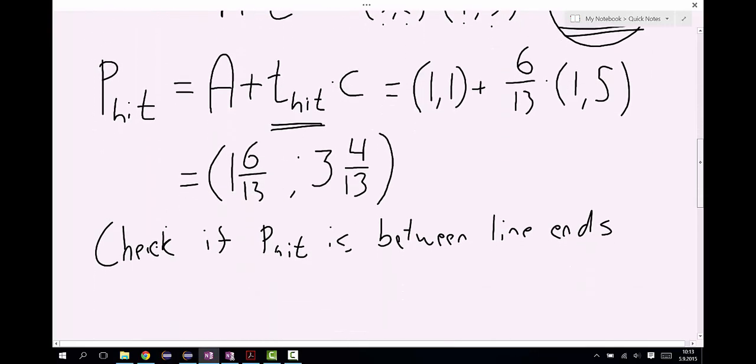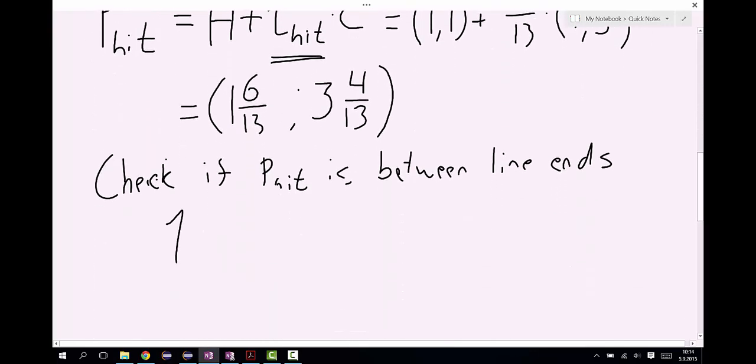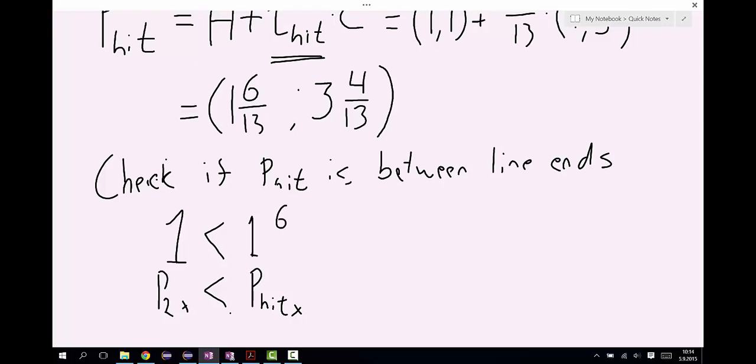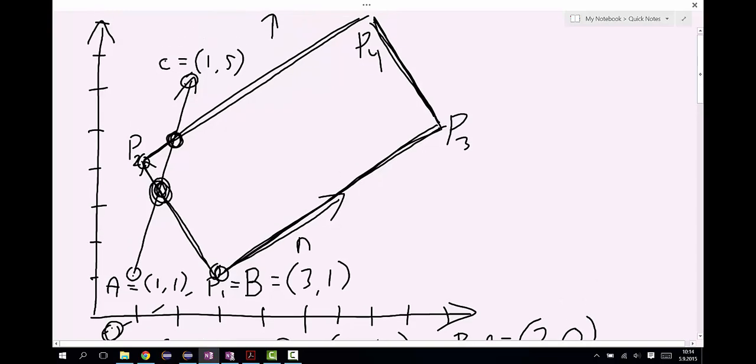So we just need to see, is 1, being P2x, smaller than P hit x, which is 1 and 6/13, which is smaller than P1x, which was 3.